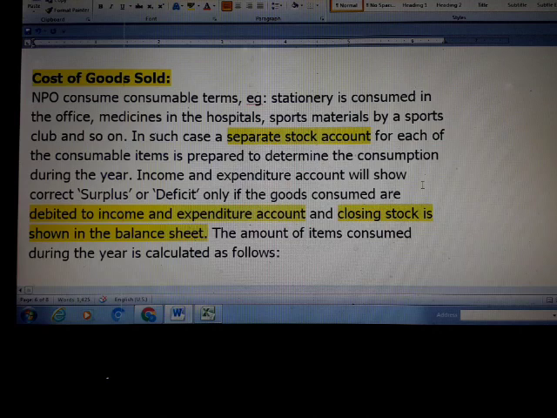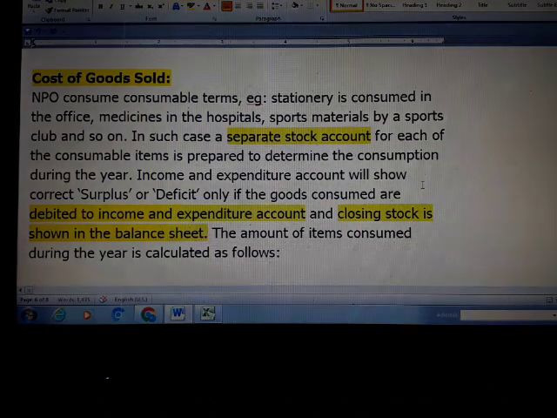Similarly, even in a sports club, some sports materials might be consumed. So all these consumable items we need to calculate in order to derive the exact value of surplus or deficit by preparing our income and expenditure account. We have to maintain a separate stock account for each of the consumable items.